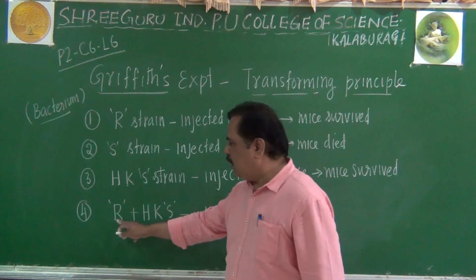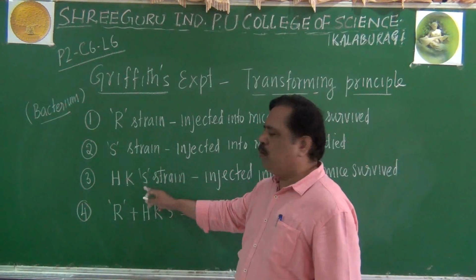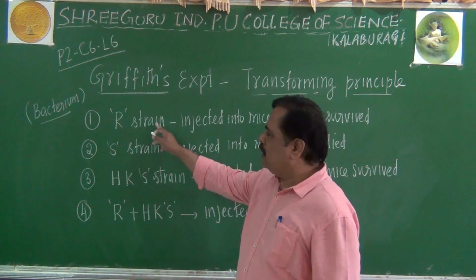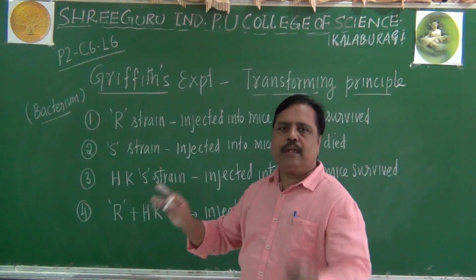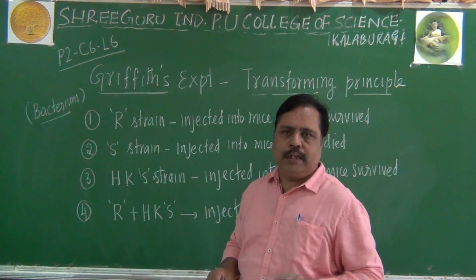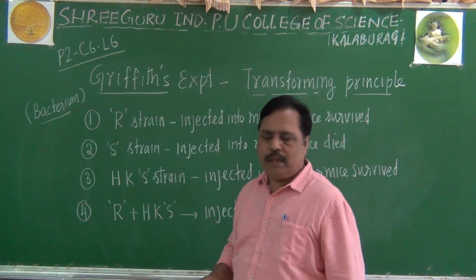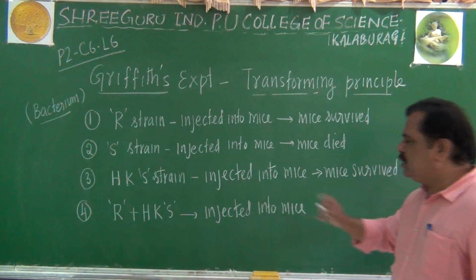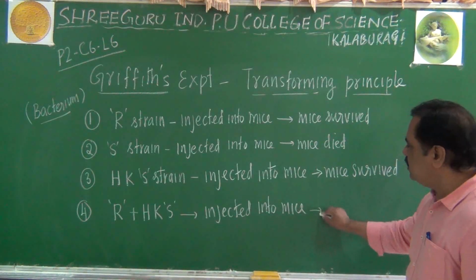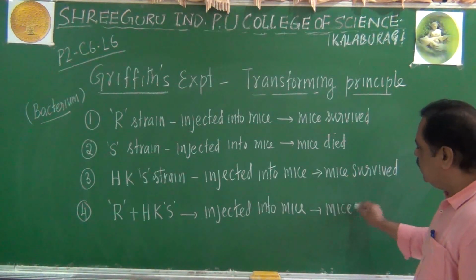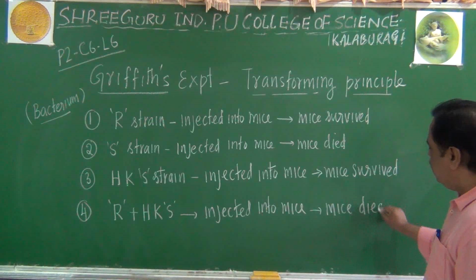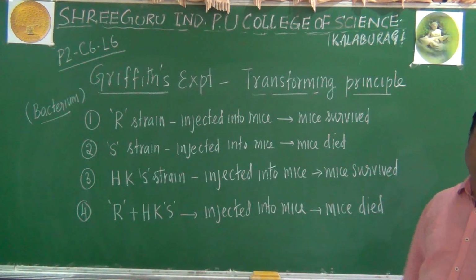Neither R strain nor HKS strain can cause disease independently. But when they are mixed together and that mixture is injected into the mice, the mice died. Surprisingly, the mice died due to the disease.